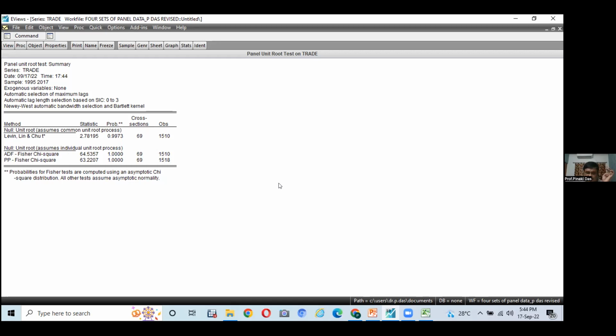Out of these 11 results, 2 plus 2, that is 4, are statistically significant, but the others are statistically insignificant. Therefore, by the majority rule, we can say that the majority of the test results are statistically insignificant for the variable trade. That is, the variable trade is non-stationary at the level.